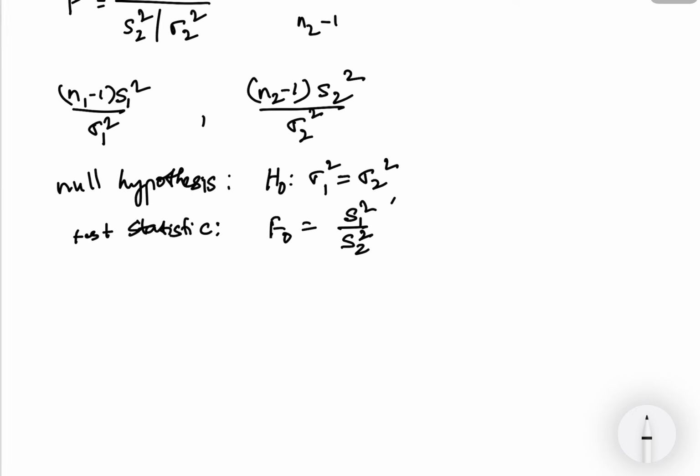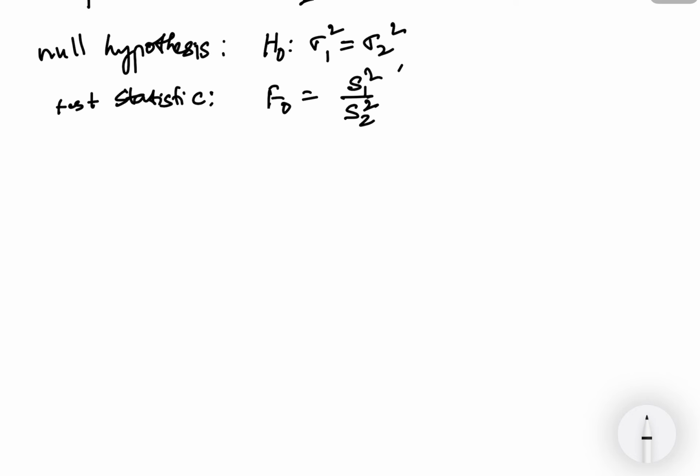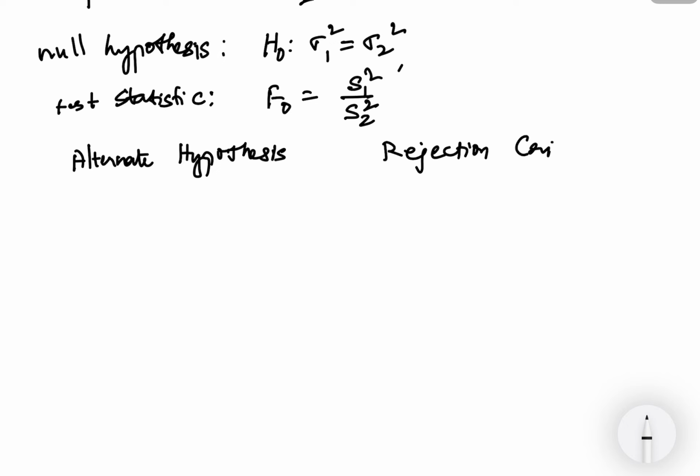So then the alternate hypothesis and the rejection criteria are defined as follows.